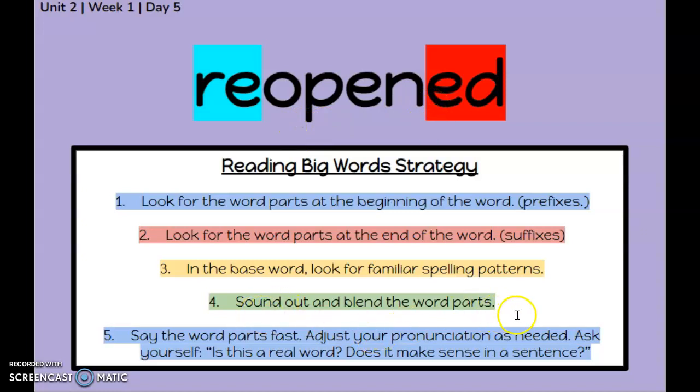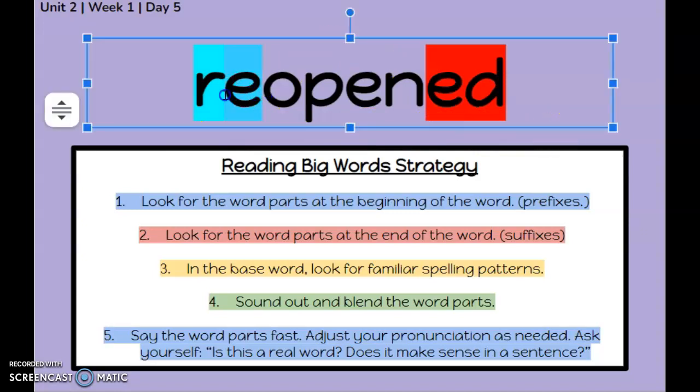So if I'm sounding it out together, reopened. I know that re means to do again, and I know that ed means it happened in the past. So reopened must have meant to open again. I also want to see if I can identify an open syllable sound, and I see one right away.